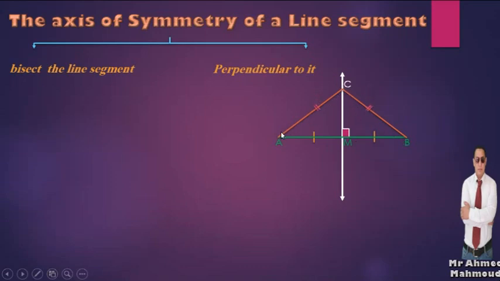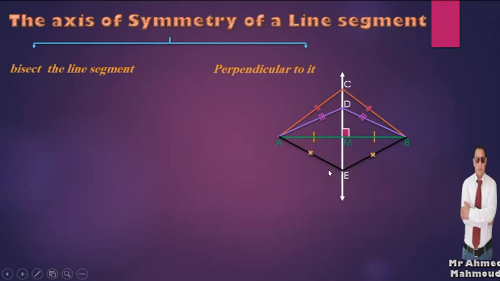If we have a third point D and we draw DB and DA, we get that DB and DA are equal. If we have a fourth point E and we draw EA and EB, then EB and EA are equal.